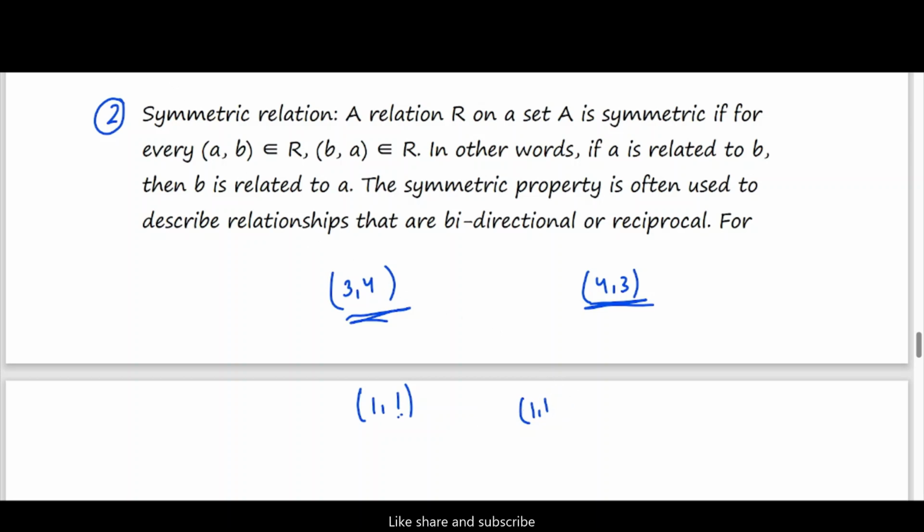But for other elements, we have to check whether the symmetric pair is present or not. If the symmetric pair is not present, then we can say that this is not a symmetric relation.